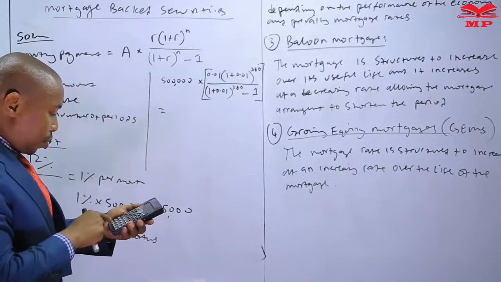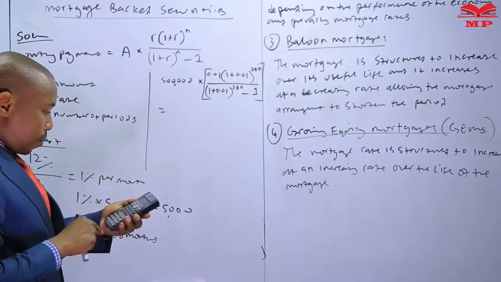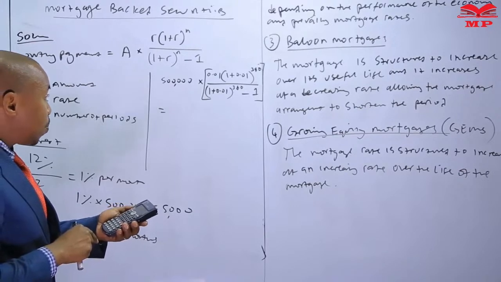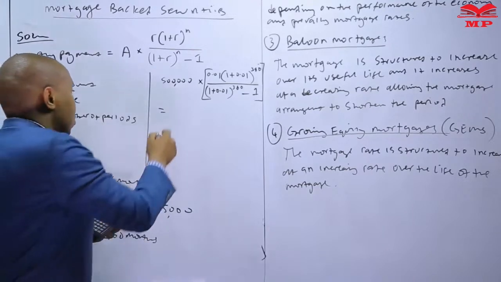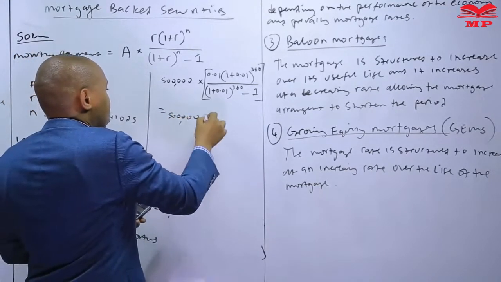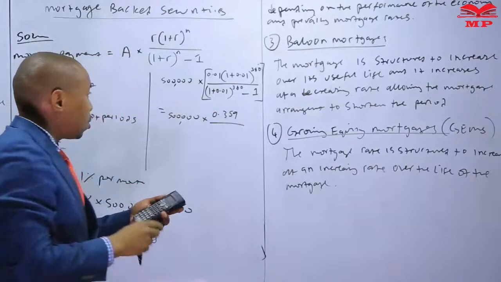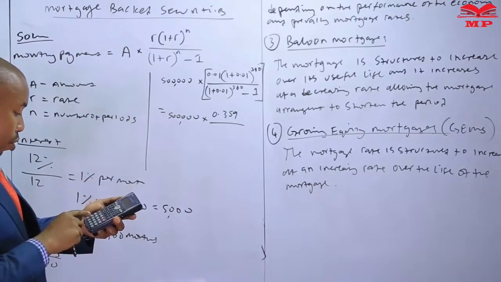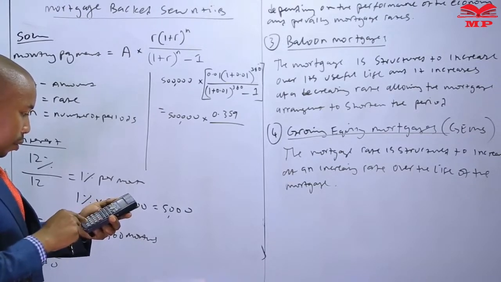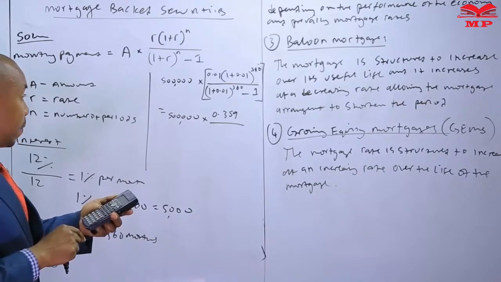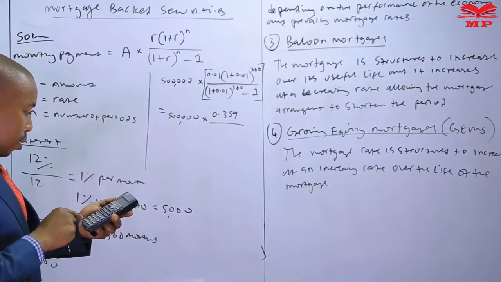So 1.01 power 360, and we have 35.94 times 0.01, we have 0.359, so it is 500,000 multiplied by 0.359 over, first of all divide that, so you have 1.01 power 360, 35.94 minus 1, 34.94.